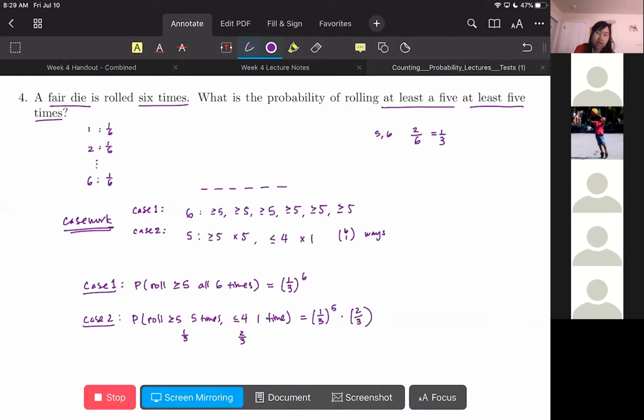And then we need to take into account all the different ways in which this could happen. I mentioned earlier, there are 6 different ways where we could roll greater than or equal to 5 and less than or equal to 4 in order. I could first roll the 4 or less, or I could roll that second or third or fourth or fifth or sixth. So we also have to multiply this by 6 because there are 6 different ways that this could happen.